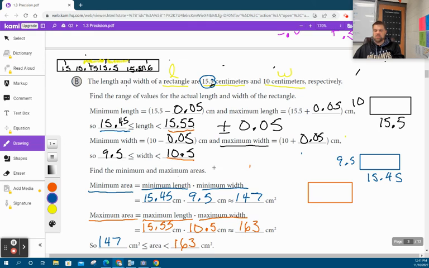So that's the little bit smaller one. Or I have a rectangle where I made an error in my measurement, and it could be 15.55 by 10.5. And so the area for this one would be 163, and the area for this one would be 147. And then there's an area for this one too.